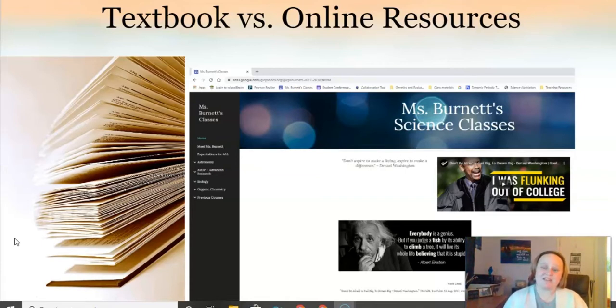When there's something that's not in the textbook that you want to include in your class, that's when online resources become a great tool to use within the classroom. For me, I use both the textbook and online resources because they allow the information to be presented in many different ways. And students like that there is a current aspect to what they're learning about.